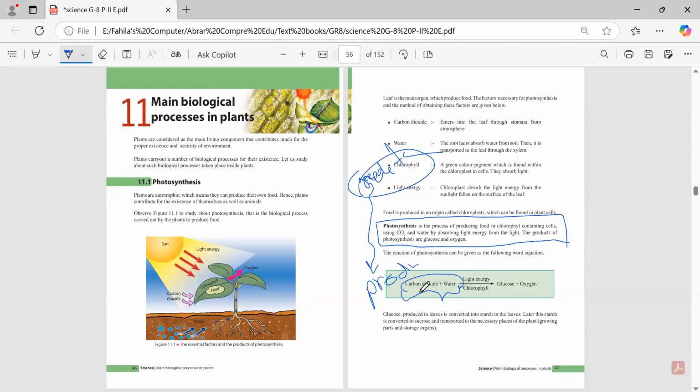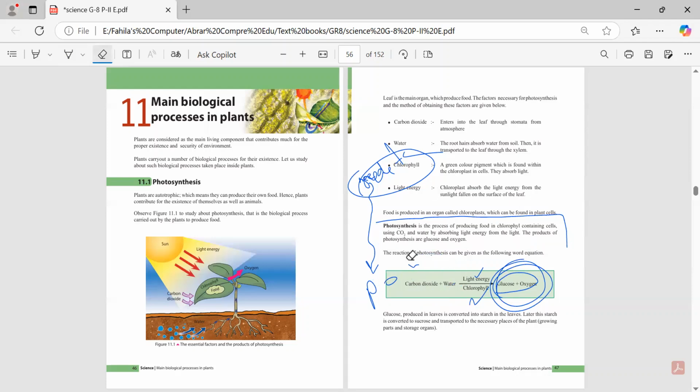You need these two to produce these two. What you have on the left hand side, we call it as the reactants. What you have on the right hand side, we call it as the products. And in order to get this one from this one, you need two things: light energy and chlorophyll.